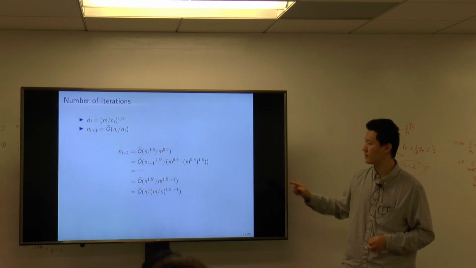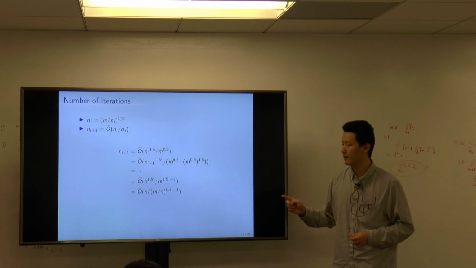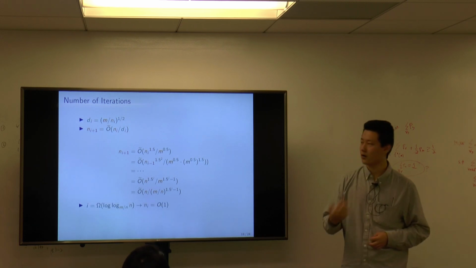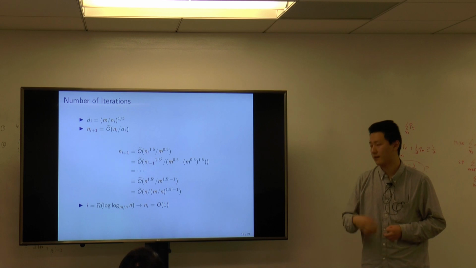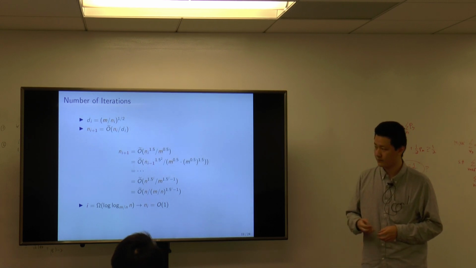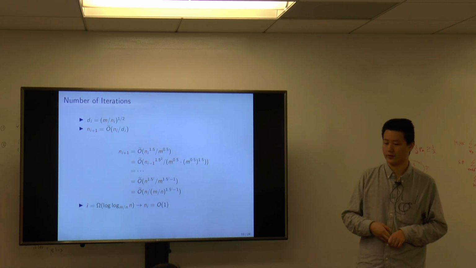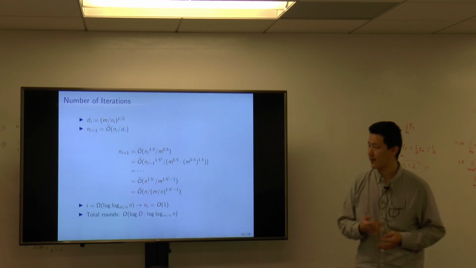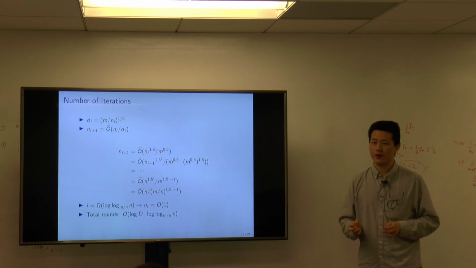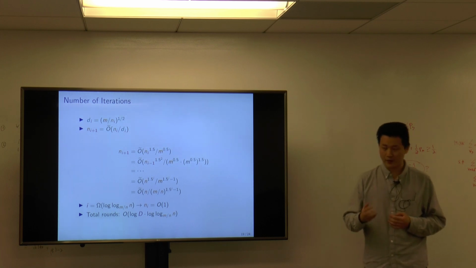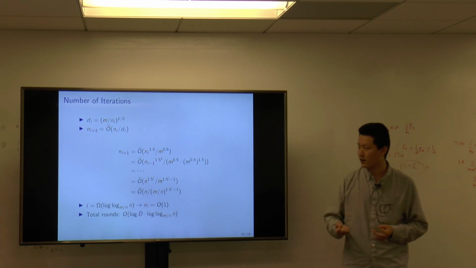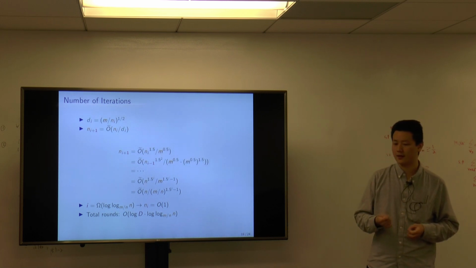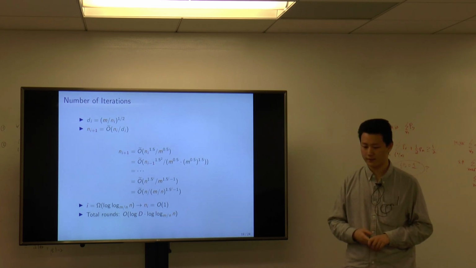And this quantity is double exponential in the number of iterations. This means that after log n iterations, our procedure will stop. And notice that in each iteration, we run a neighbor increment procedure, and it takes log diameter number of rounds. So the total number of rounds needed is just log d times log n.